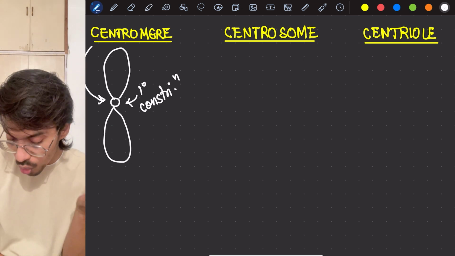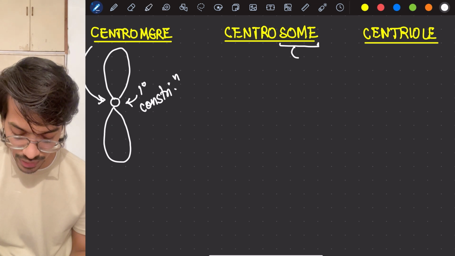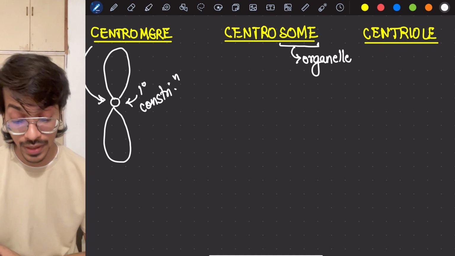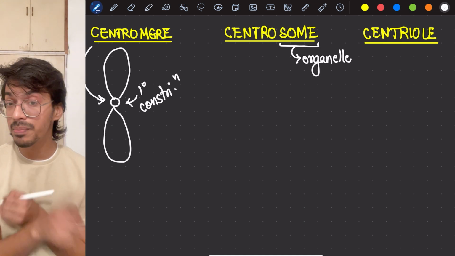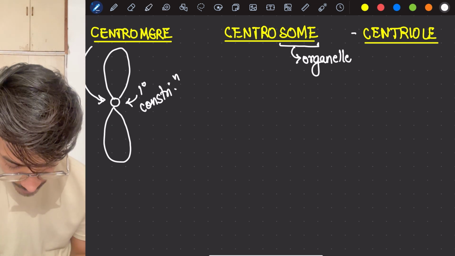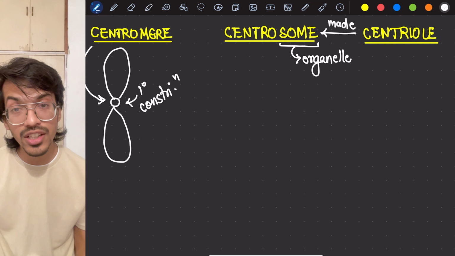What are centrosomes? Whenever the word some is coming, remember that it is something related to an organelle. Okay, so centrosome is the organelle. Now this centrosome is made up of centriole. So normally what is centriole?